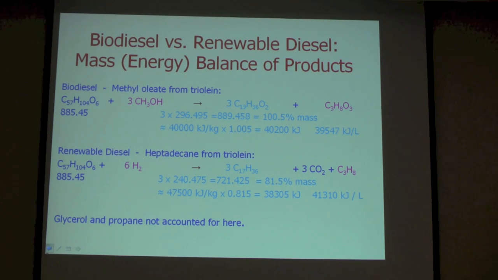Now, of course, what does that tell us too? Obviously, a product that has a higher energy content than its starting material means the energy has to come from somewhere. That means it comes from the process you put into making this stuff. So essentially, it absorbs energy from the process it's made with and stores it. And that's why it has energy content. That's why, obviously, the process of making renewable diesel will require more energy than making biodiesel. Next slide.